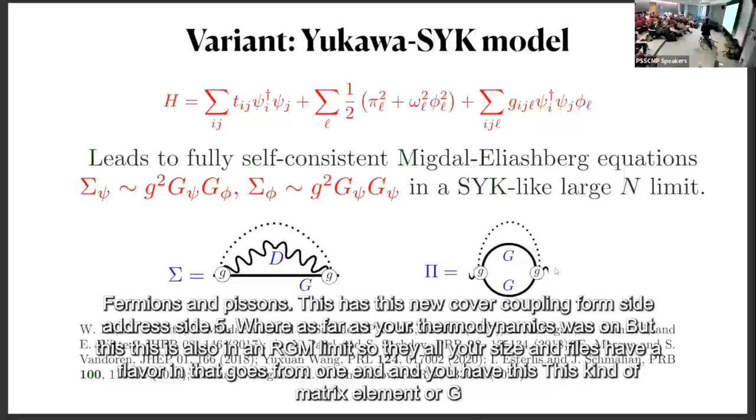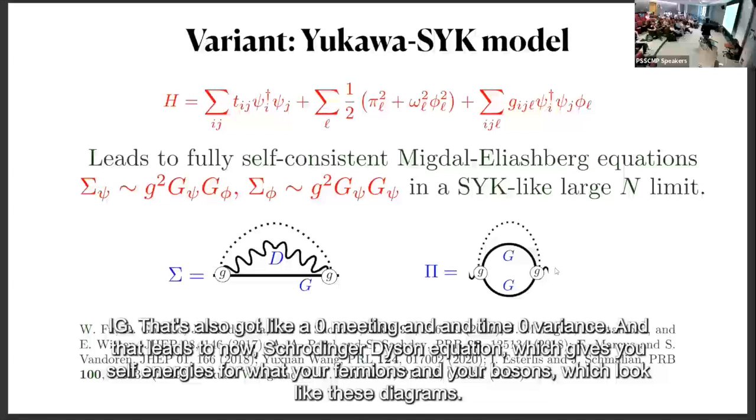But this is also in a large n limit, so all your psi's and phi's have a flavor index that goes from 1 to n, and you have this random matrix element G_ijl that's also got a 0 mean and non-zero variance, and that leads to a Schwinger-Dyson equation, which gives you self energies for both your fermions and your bosons, which look like these diagrams.